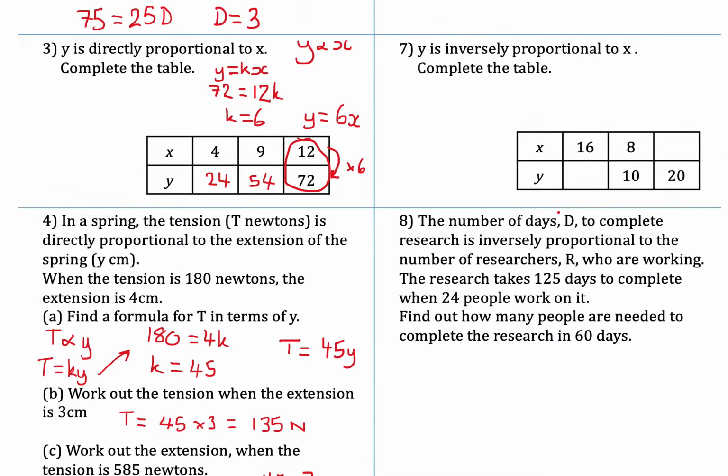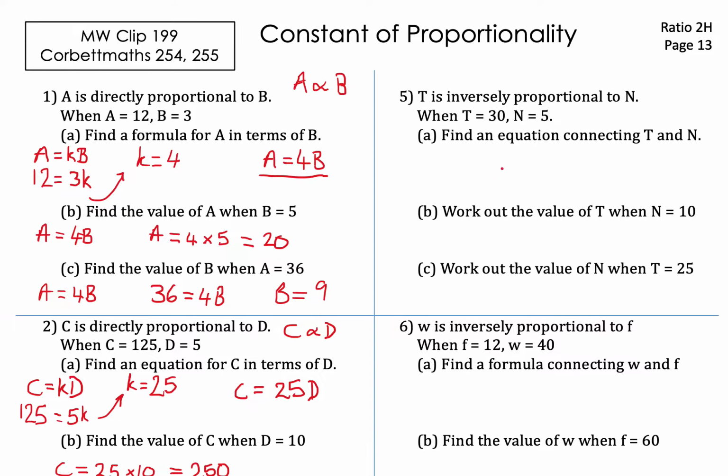Okay, have a look at the inverse proportion side. T is inversely proportional to n, so we can write T fish 1 over n. And we can change that fish to an equals K, and we can put that K over the top of the n.